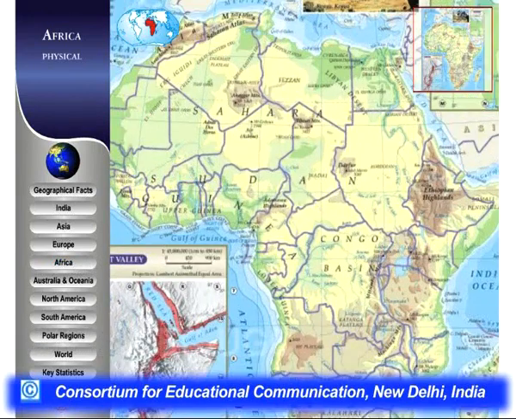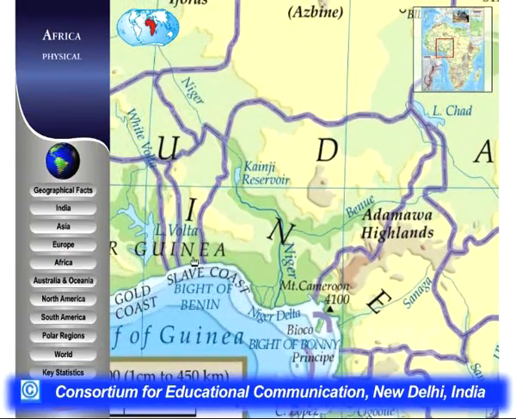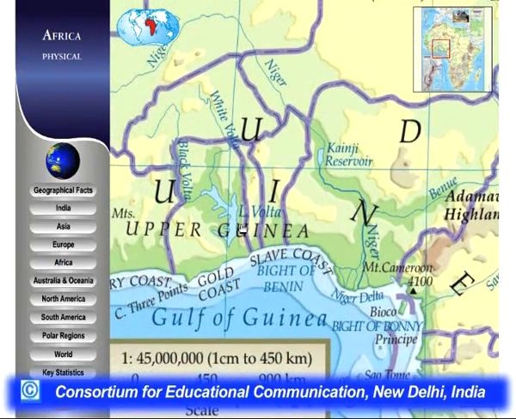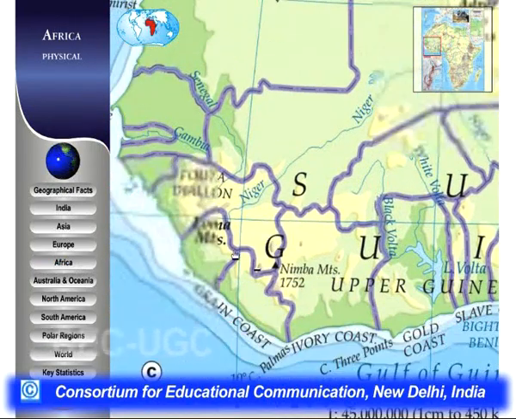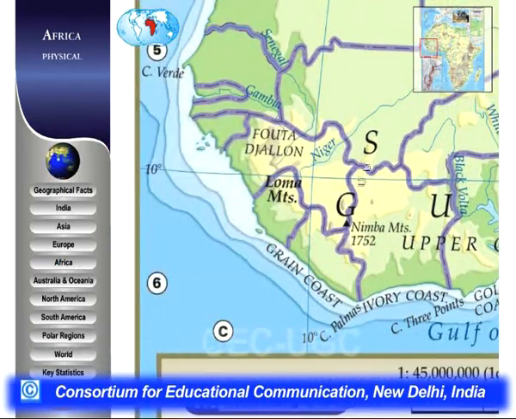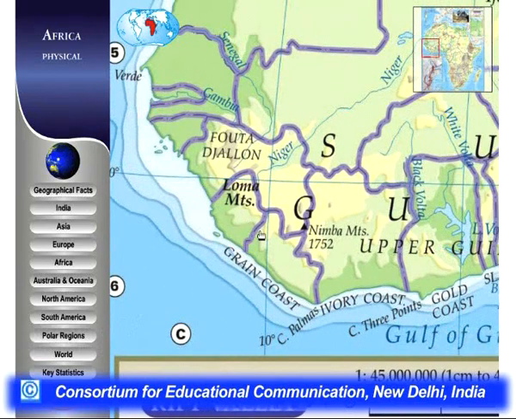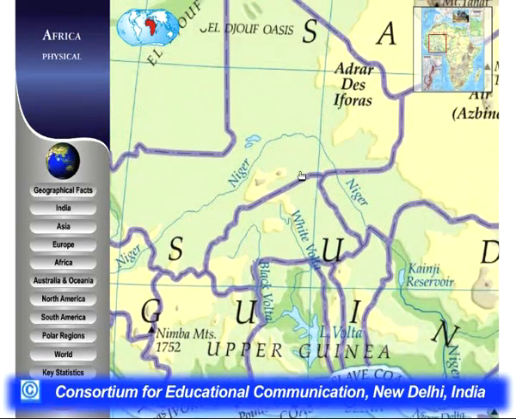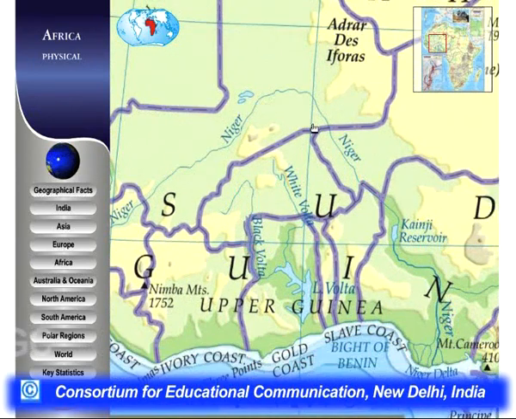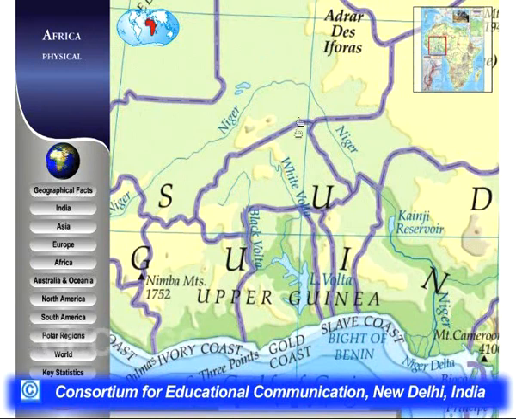River Niger is another important river of the Africa continent. River Niger originates from Loma Mountain in Sierra Leone, and all the way it drains and it crosses the 0-degree meridian.